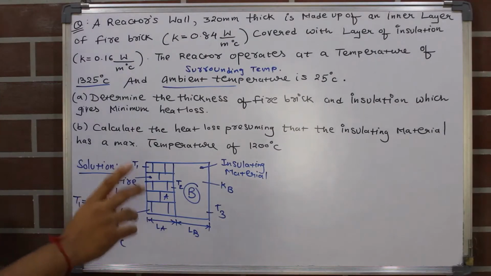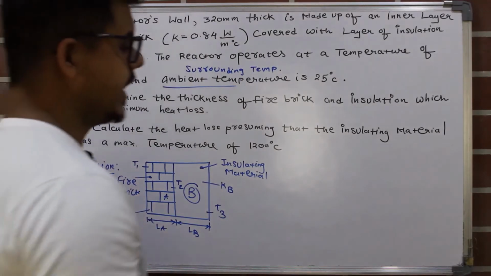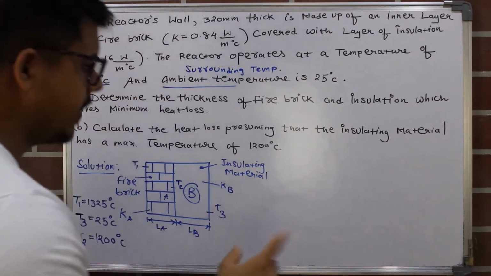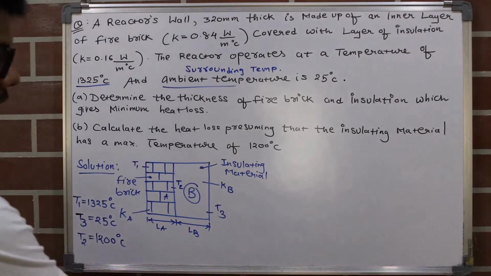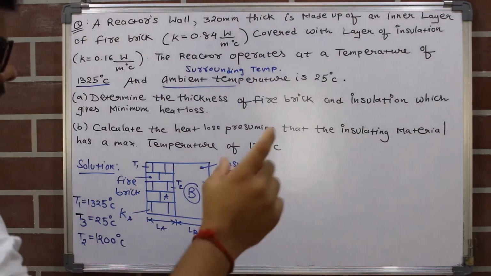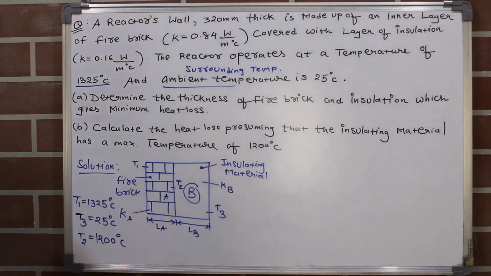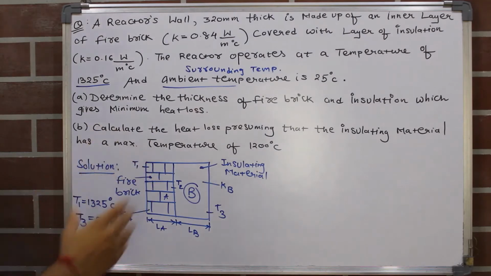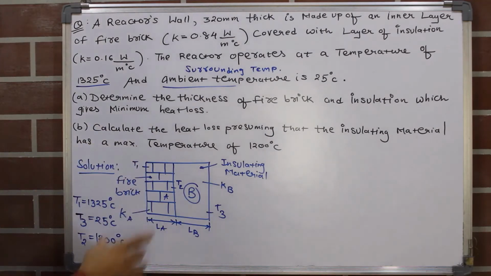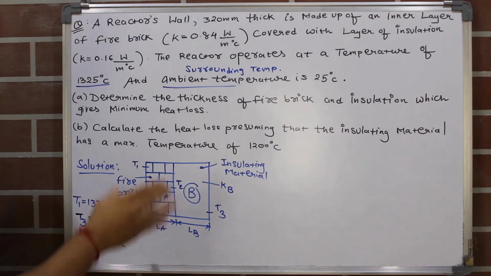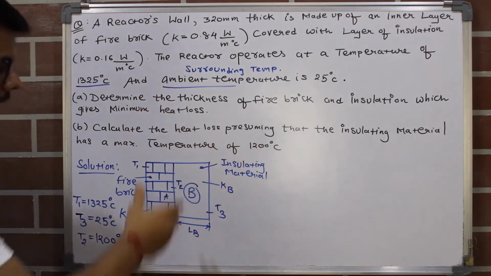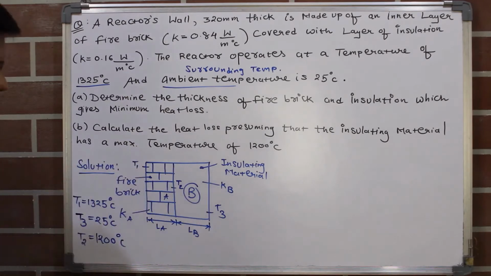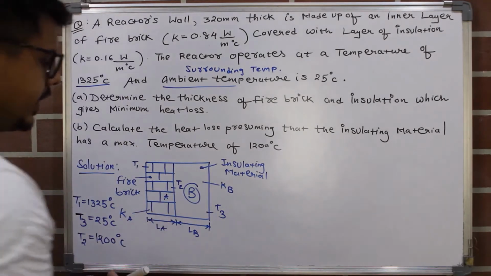So when we have steady state heat conduction, the rate of heat transfer throughout the wall remains the same. We had also seen in the video of series combination of plane walls that the heat transfer rate throughout the wall remains the same whenever the walls are in series combination.